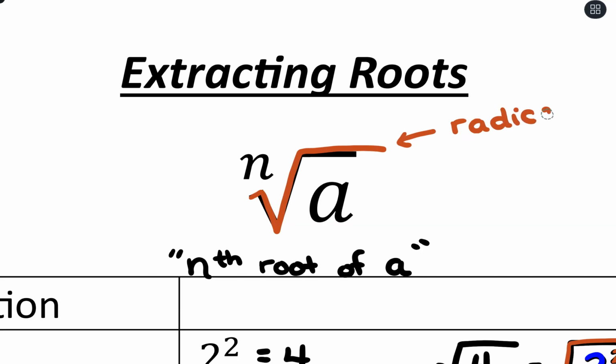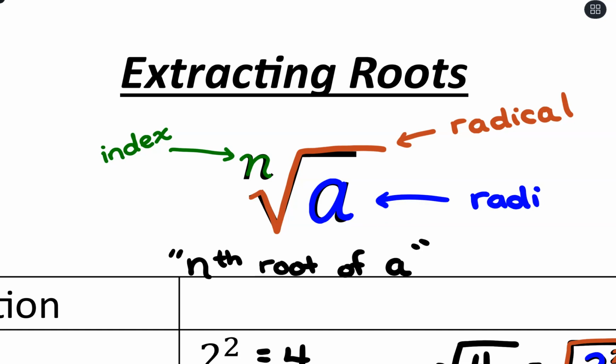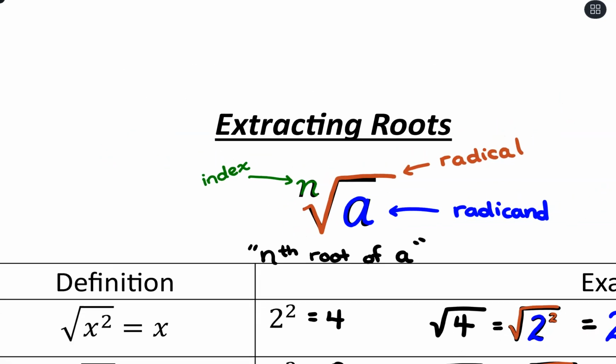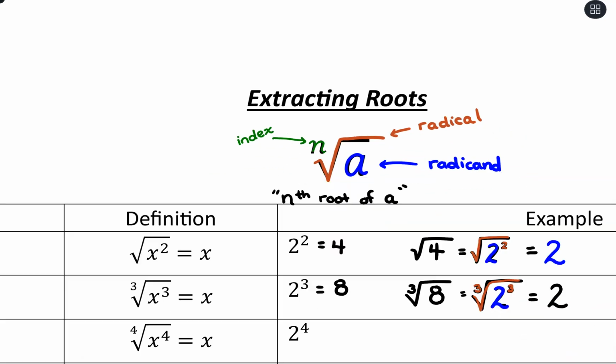That's the radical symbol. The value for n is called the index. It's telling us what type of root that we're taking. And then the value underneath the radical, so this value of a, is called the radicand. So we have these 3 pieces all coming together to have us evaluate a root.